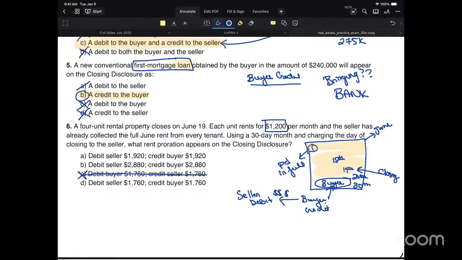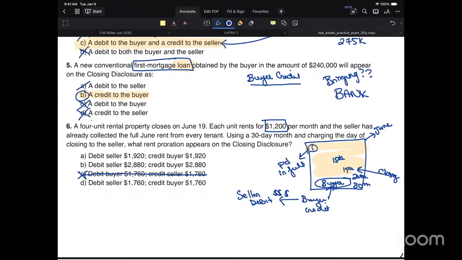But since it's not on the 15th, we know the seller should keep the majority of the $1,200. That doesn't really help us here. So maybe I'm going to do the math figuring out how much it is.